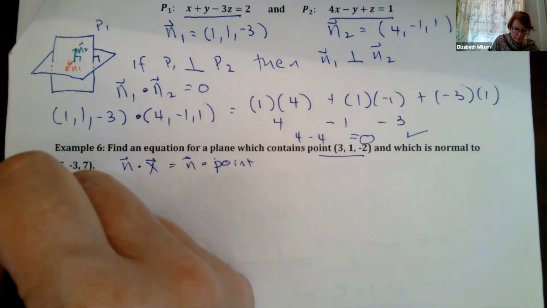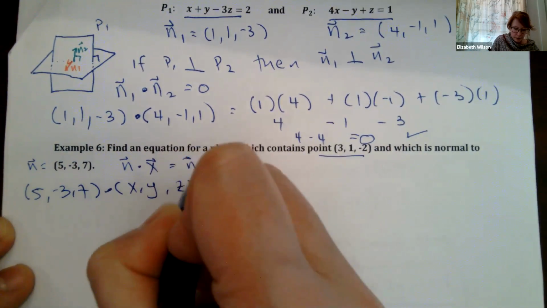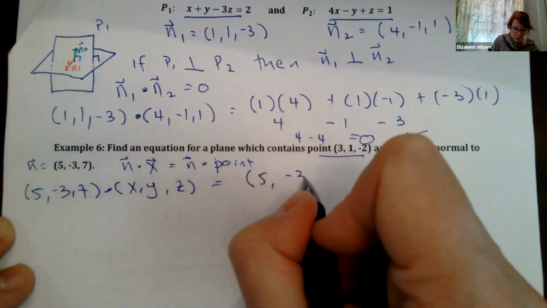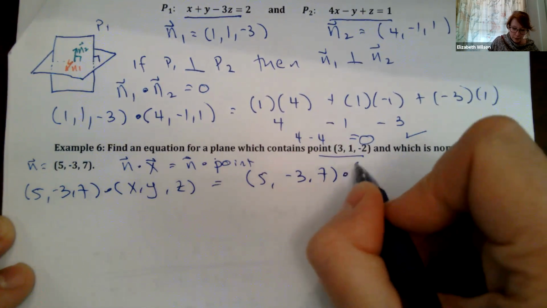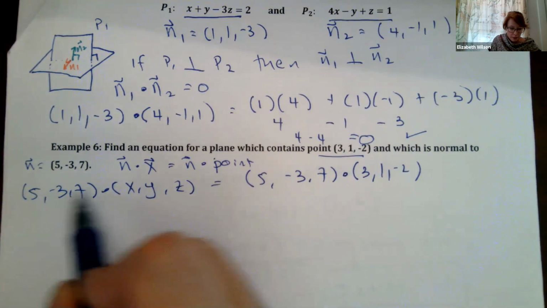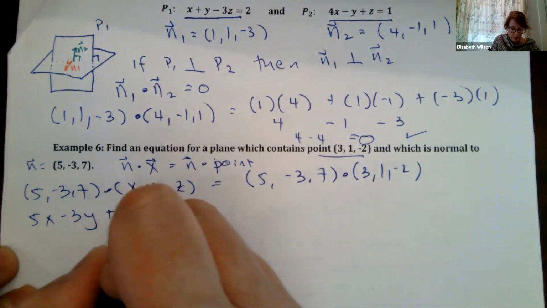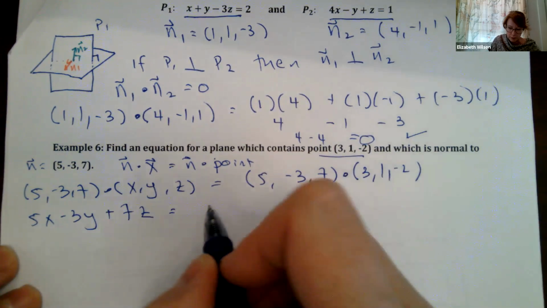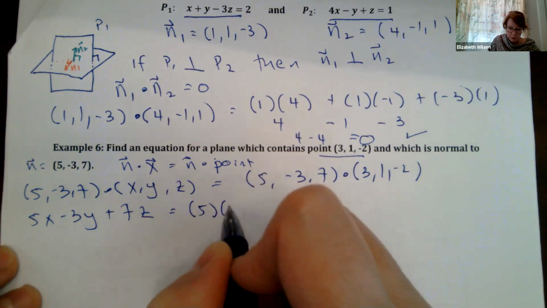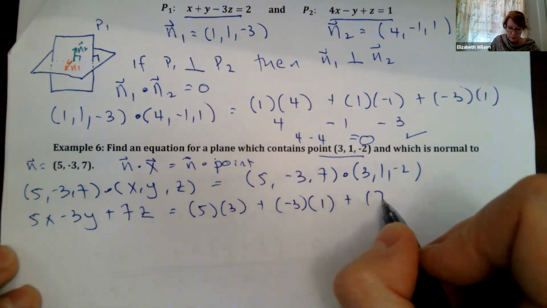So this is 5 minus 3, 7 dot x, y, z equals 5 minus 3, 7 dot 3, 1, minus 2. Okay. So I'm going to get 5x minus 3y plus 7z equals, so it's corresponding pieces, 5 times 3 plus a minus 3 times 1 plus 7 times a minus 2.